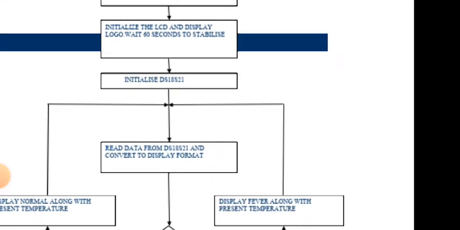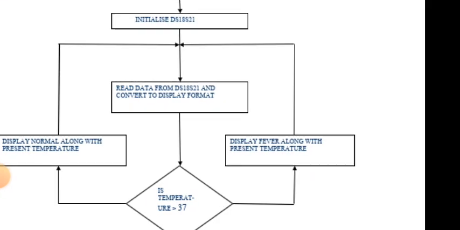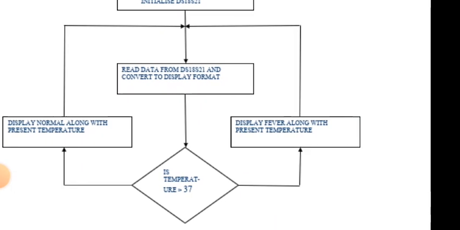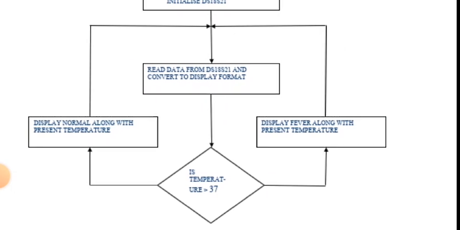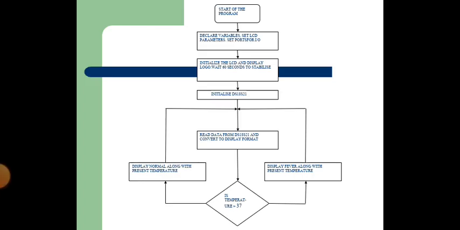Then read data from the DS21 and convert it into a displayable format. Then the clean data is analyzed to know whether it's above 37 or 37 itself for someone to have a fever positive, or 37 or below for such a person to be negative.